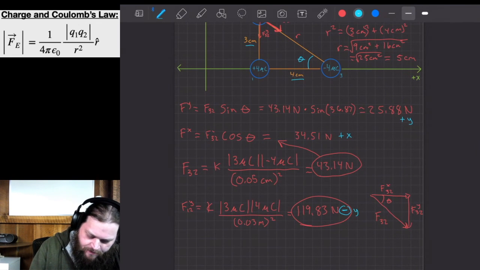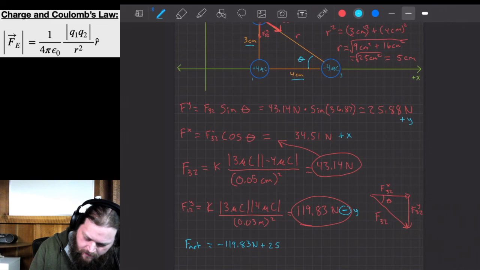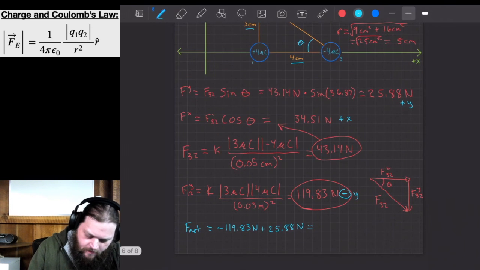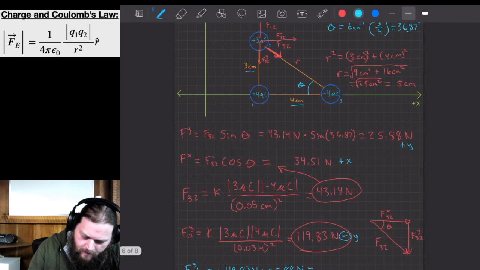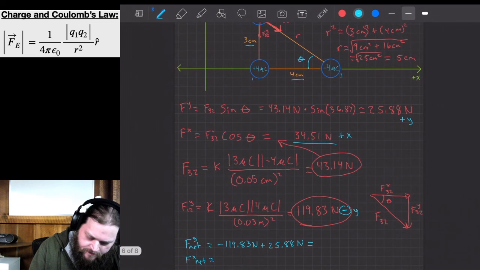So when we add those up, the net force is equal to negative 119.83 newtons plus 25.88 newtons, and this is just in the y. We also have the x net, which is just going to be equal to this 34.51.